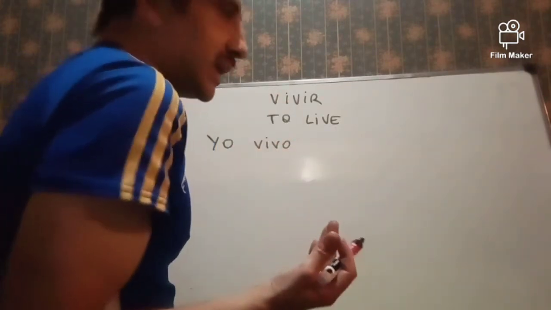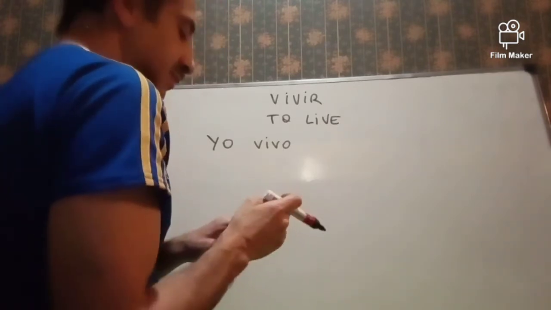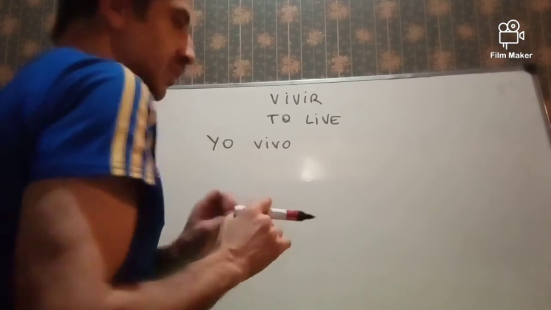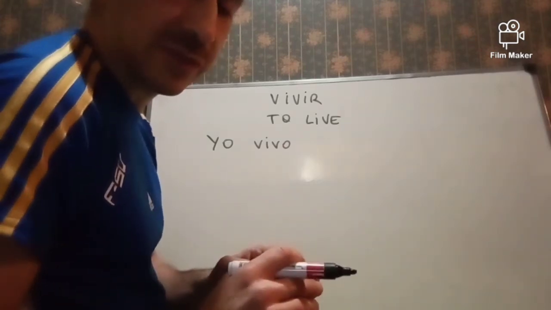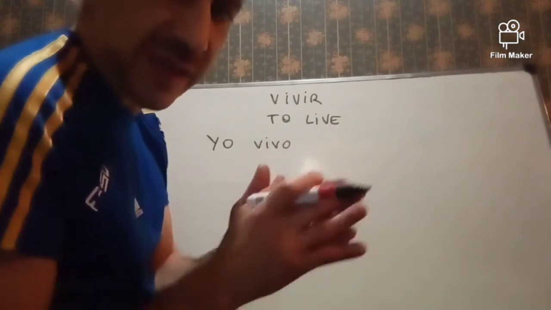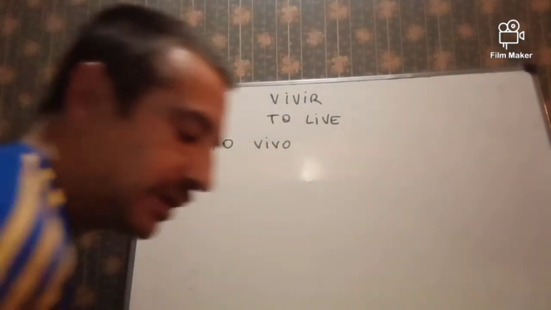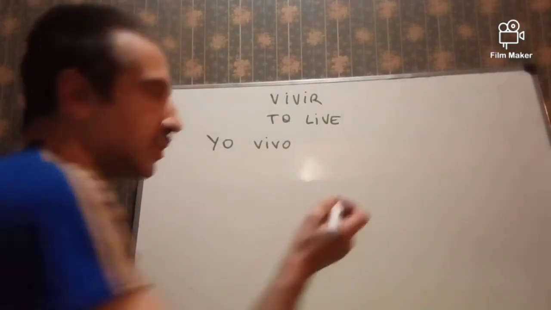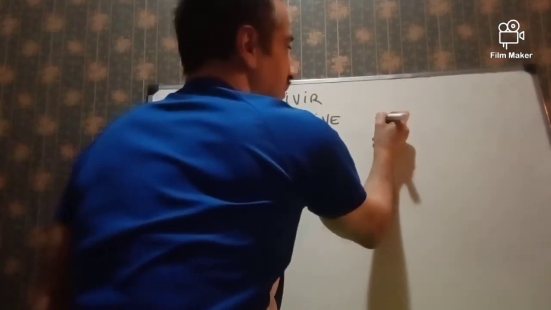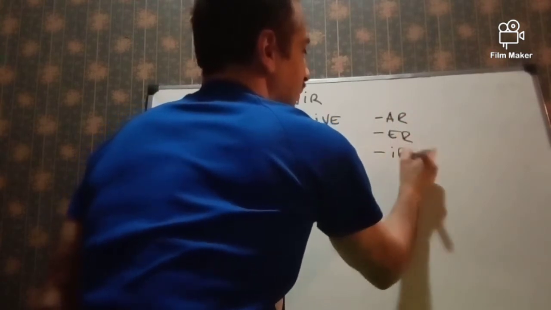So now maybe you can notice the endings for regular verbs. We have, as I said in the previous video, three models, three rules according to the ending of the infinitive form: ar, er, ir.